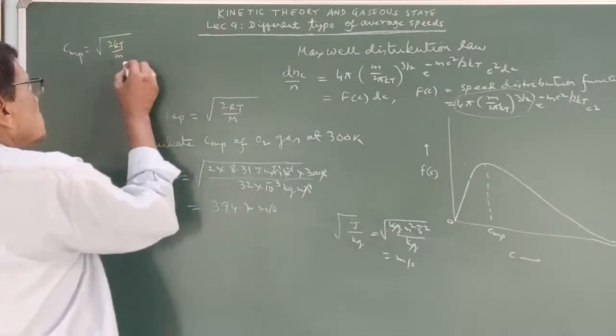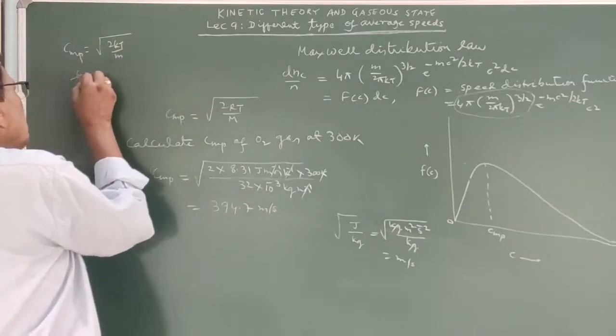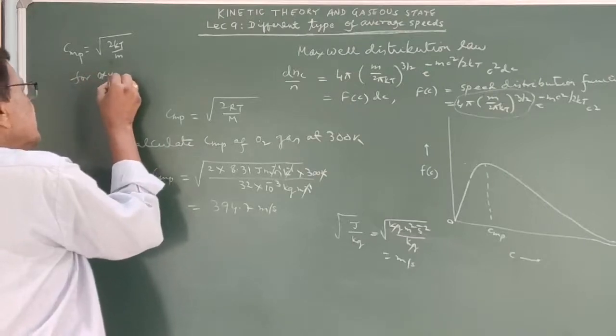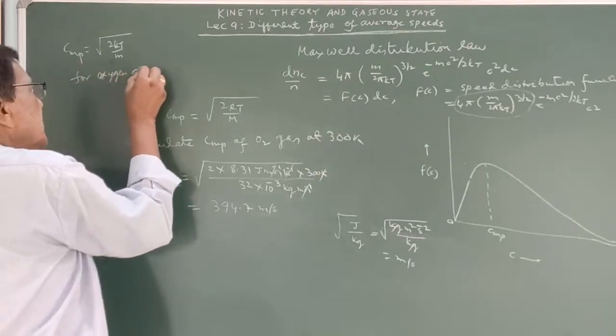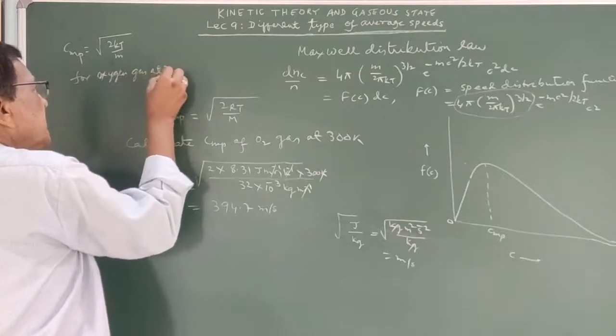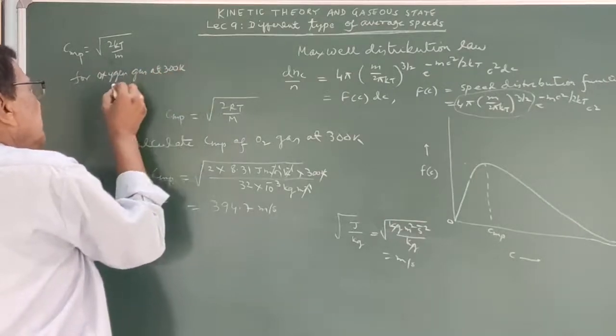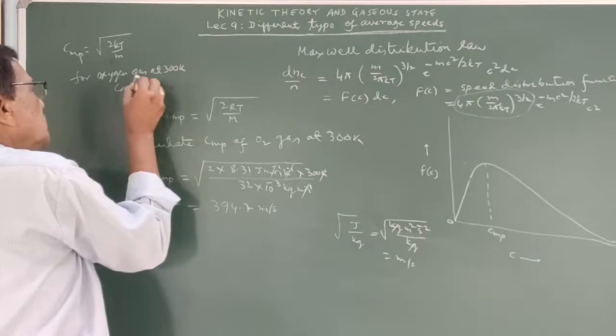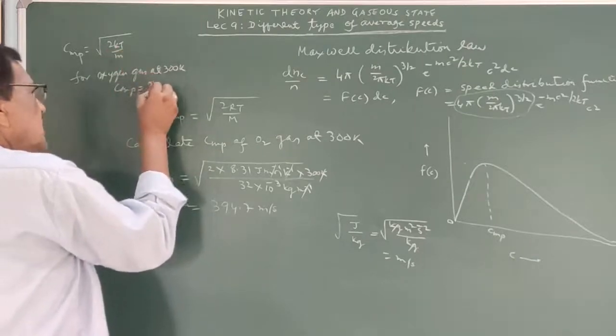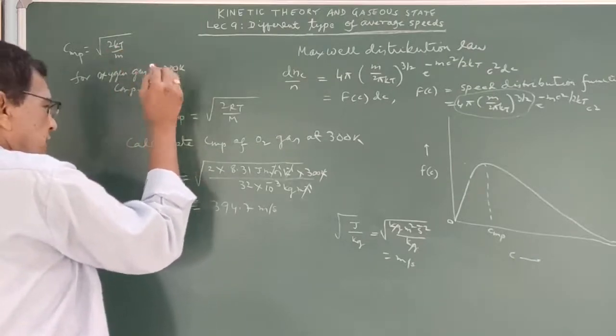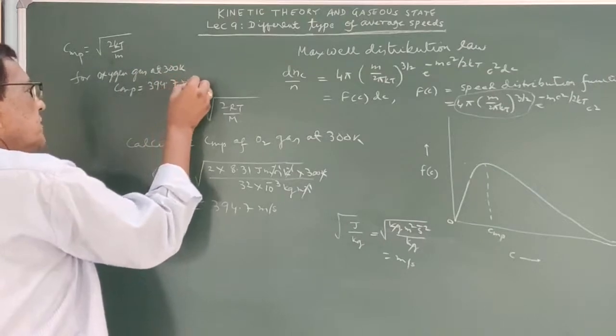So for oxygen gas at 300 Kelvin, C_MP equals 394.7 meter per second.